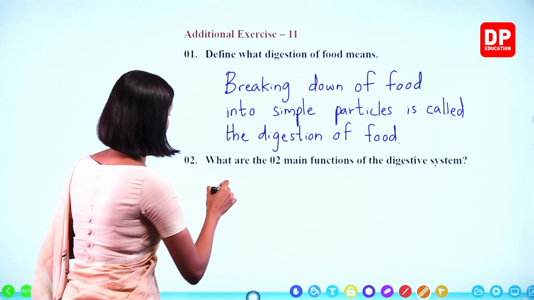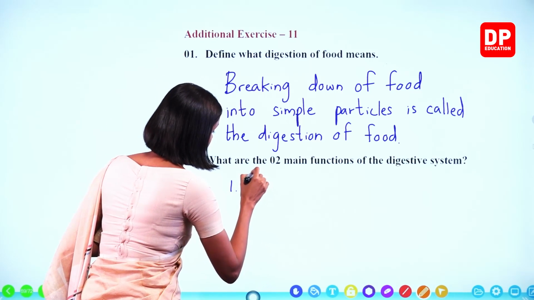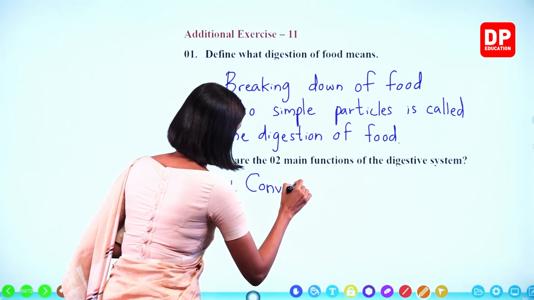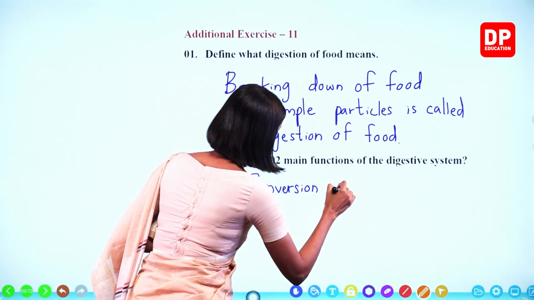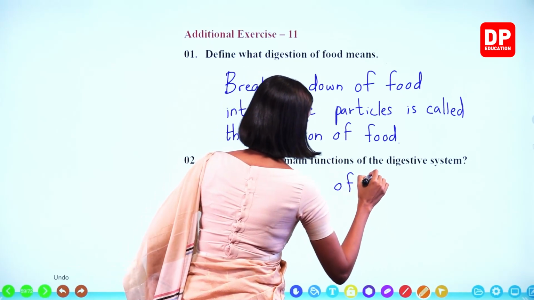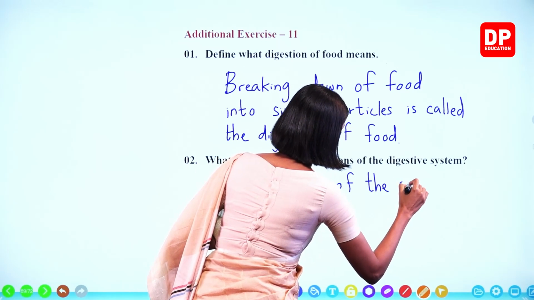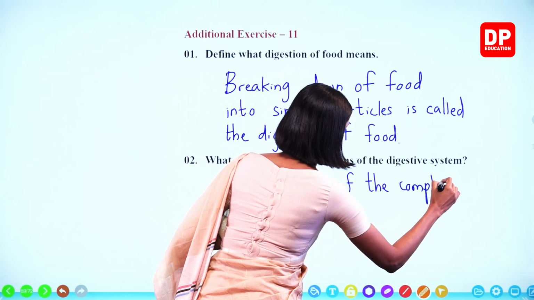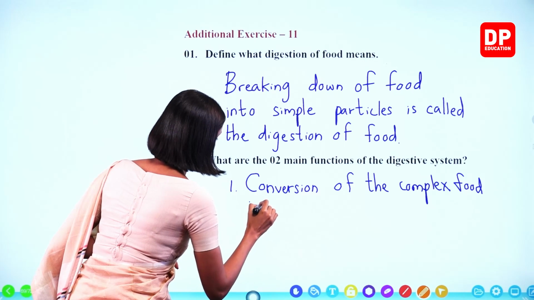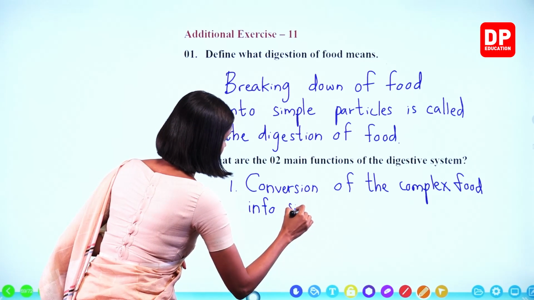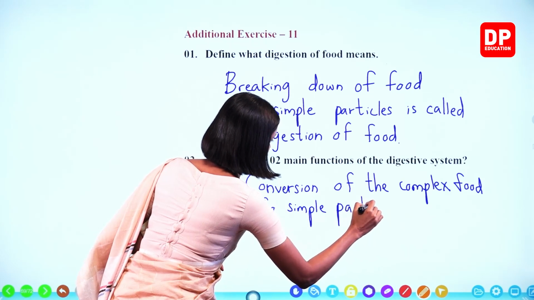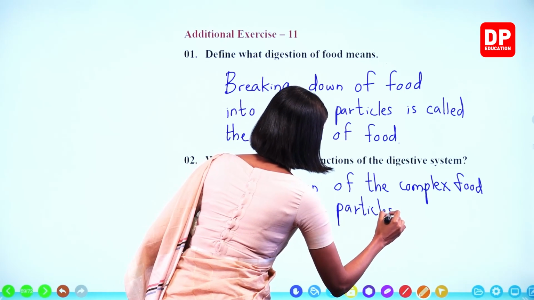Right? Okay, number one, the conversion of the complex food into simple particles or structures.